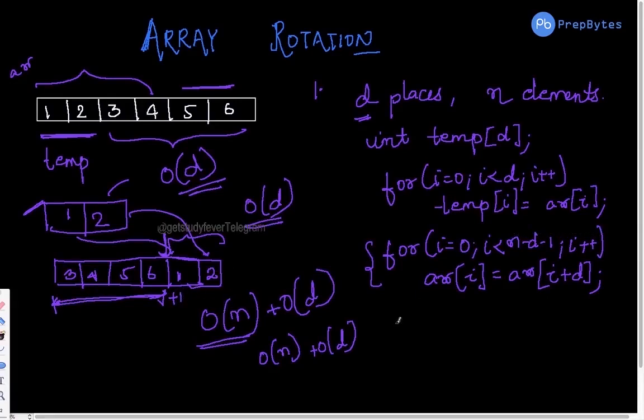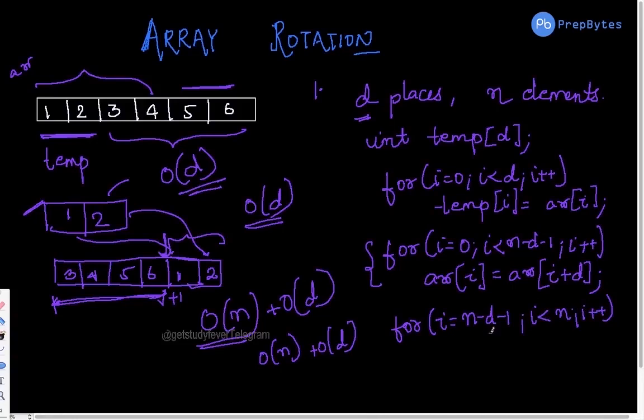So what we will do is we'll do for i equal to n minus d minus 1, i less than n, i plus plus, and we also need one more variable j equal to 0. Let's say what we do is arr of i is equivalent to arr of j plus plus.